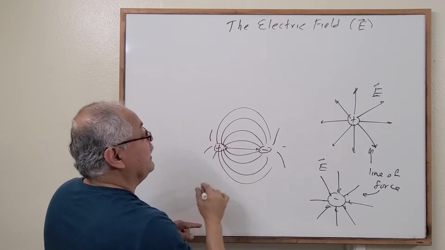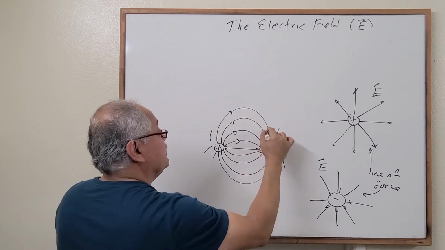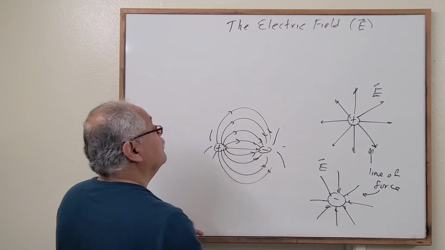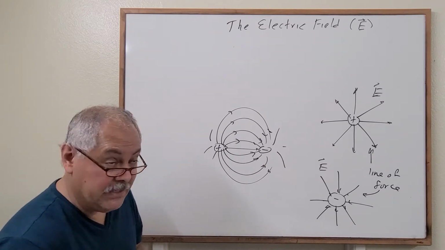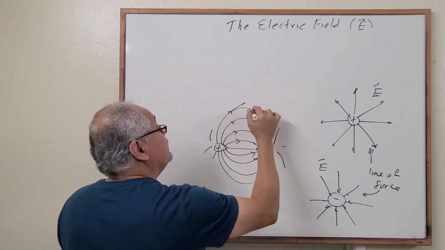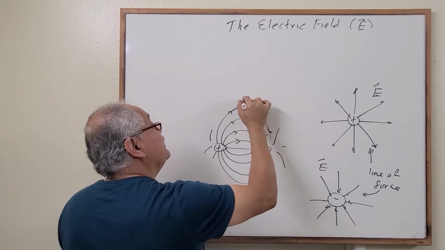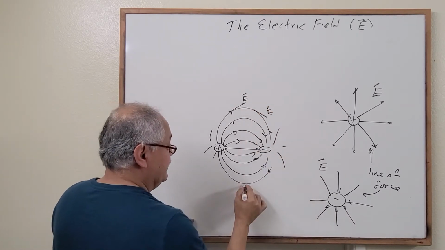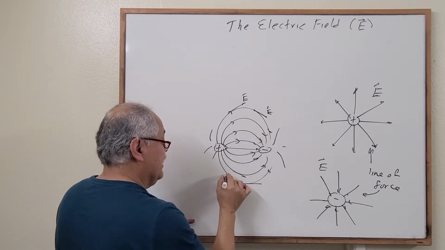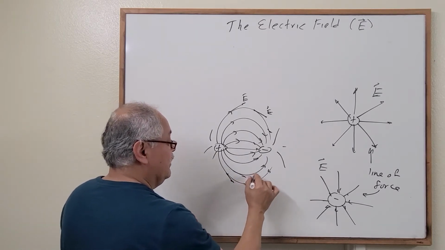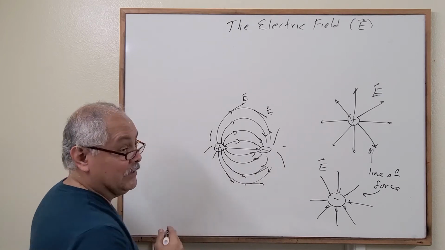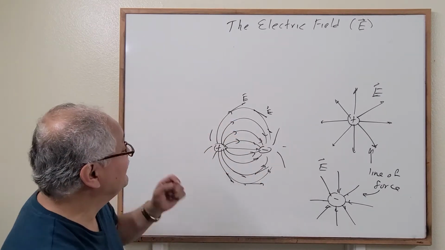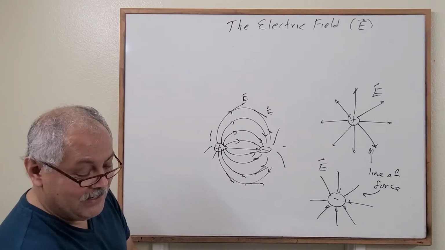From positive to negative in this direction. And the electric field in this case is tangent to these lines, right? This is the electric field. Right here it is tangent, and here, at this point, it is tangent to the lines of force. You see it? Okay, great.